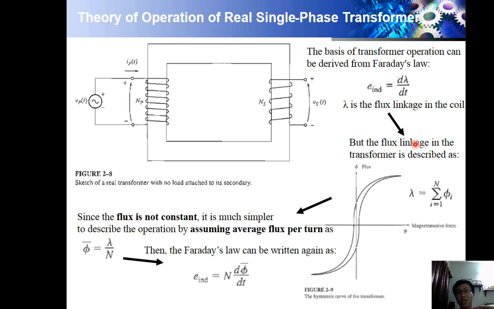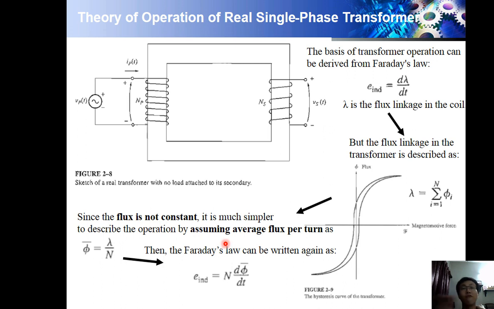But the flux linkage in the transformer is described by this waveform. When we have a magnetomotive force, we have a flux generated, and the flux across all the number of turns gives us a flux linkage. Since the flux is not constant, it is much simpler to describe the operation by assuming an average flux per turn.